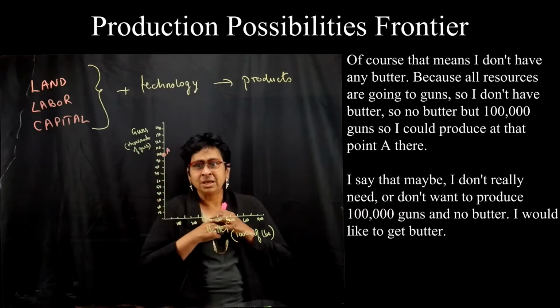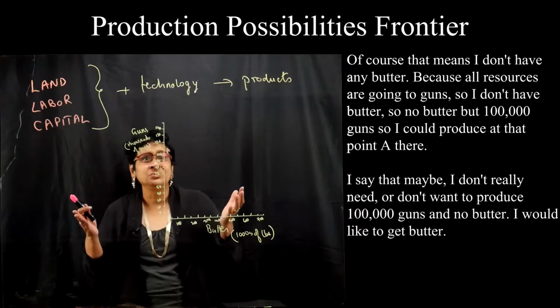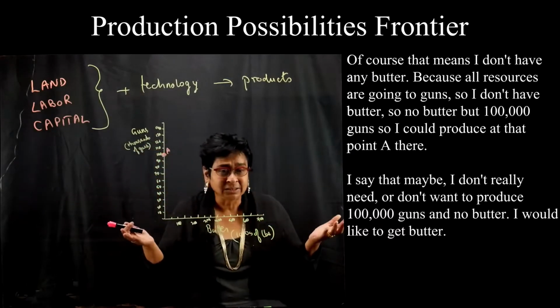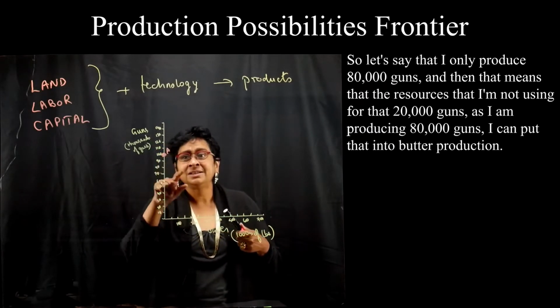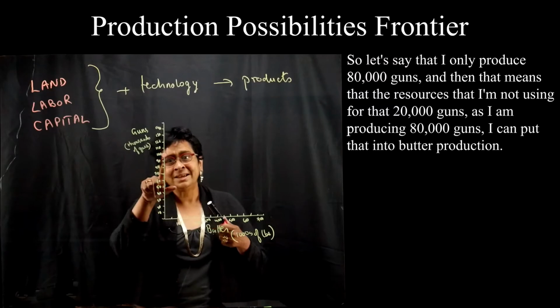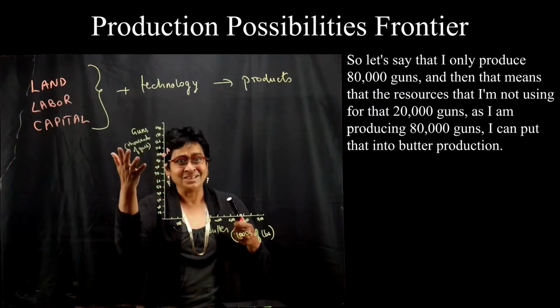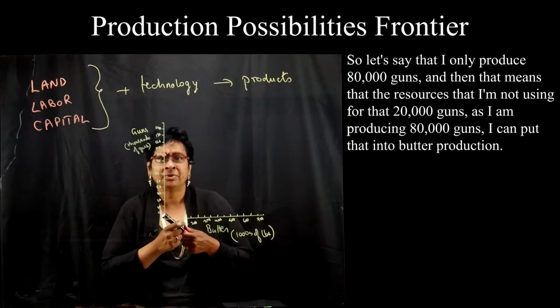Well, maybe I don't really want to produce 100,000 guns and no butter. I would like to get butter. So let's say that I only produce 80,000 guns. And then the resources that I'm not using for that 20,000 guns, I can put into butter production.